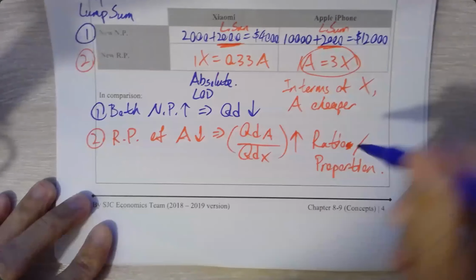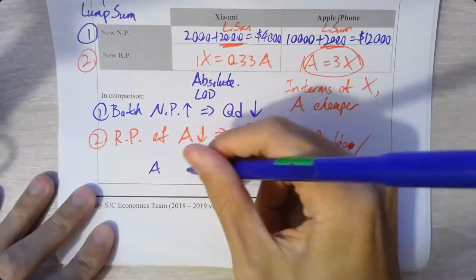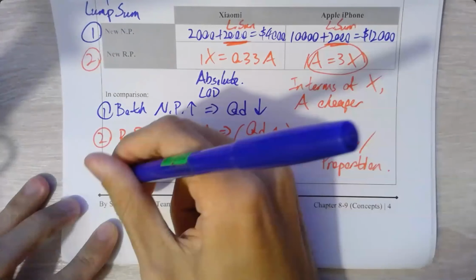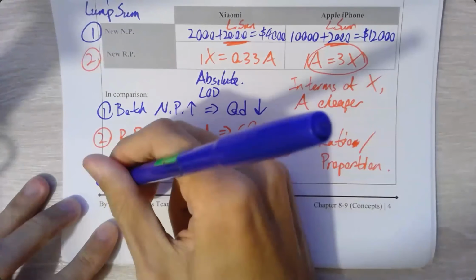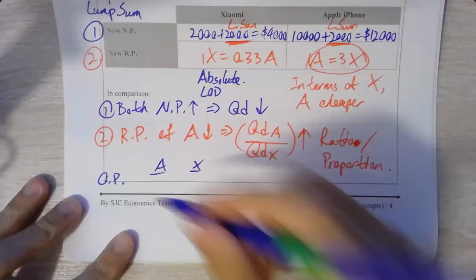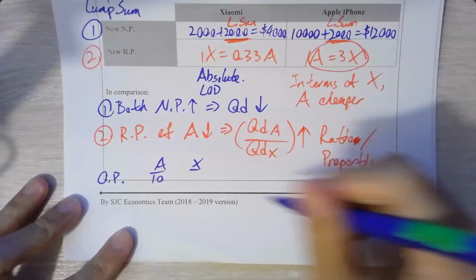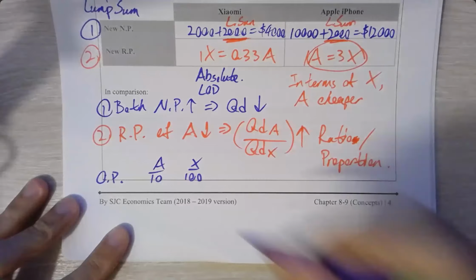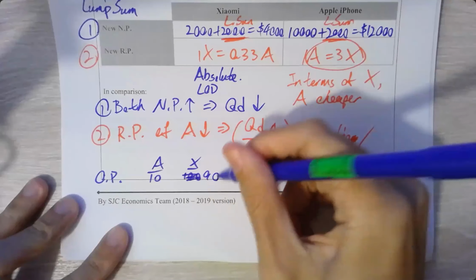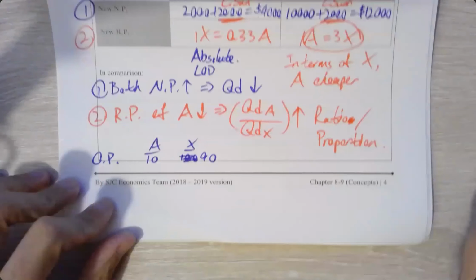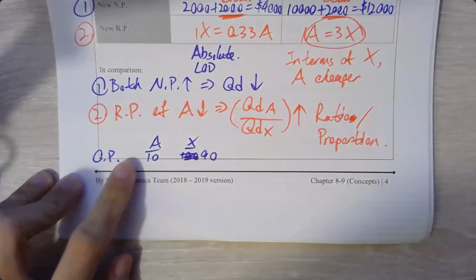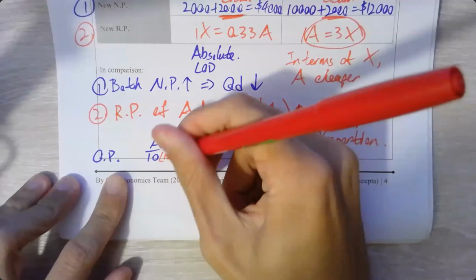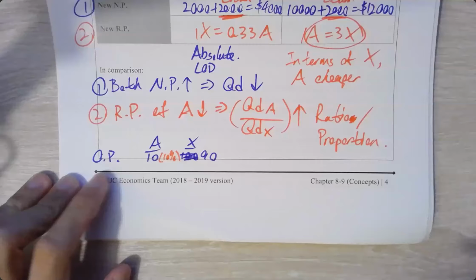For example, originally, under the original price, I buy 10 Apple and 90 Xiaomi, let's make it 90 to keep it simple. You will see in this example that Apple takes up 10% of the market share.